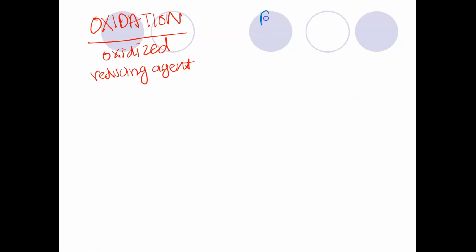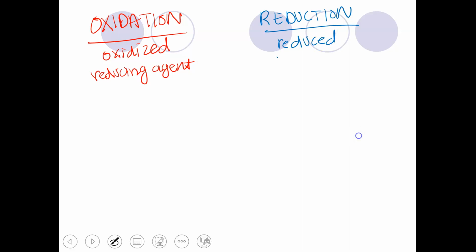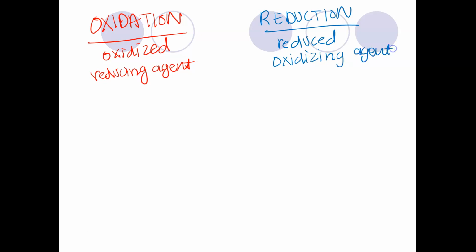So if something undergoes reduction, we could say that it is reduced, and it's also called the oxidizing agent. So as we go through this chapter, I'm going to be adding more words below this that mean the same thing, because that's what electrochemists did, was make a whole bunch of words that meant the same thing.